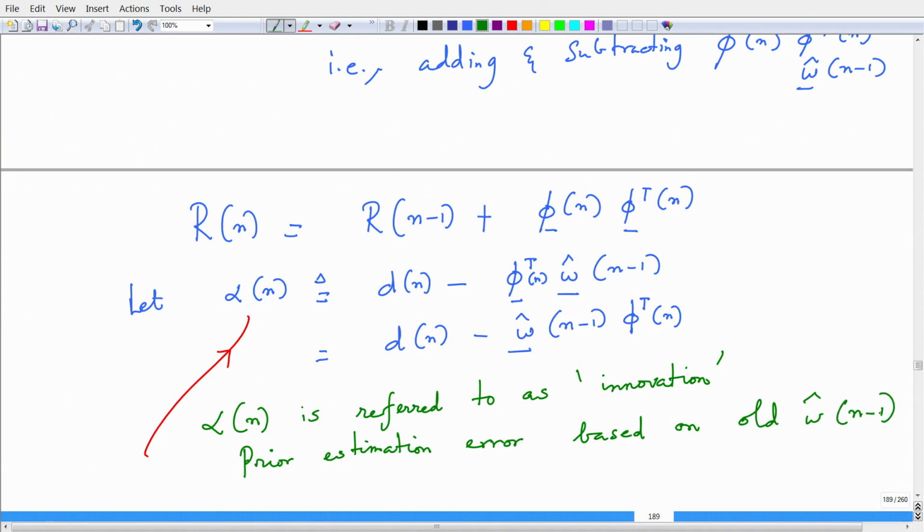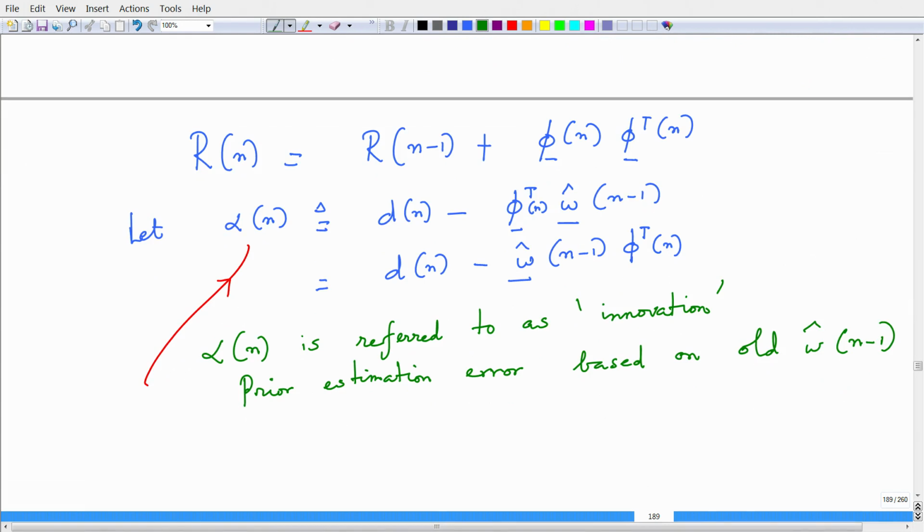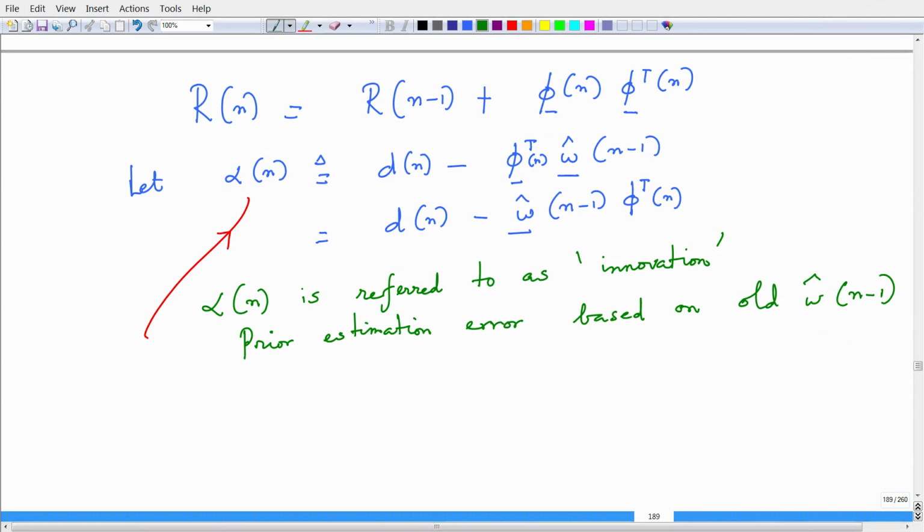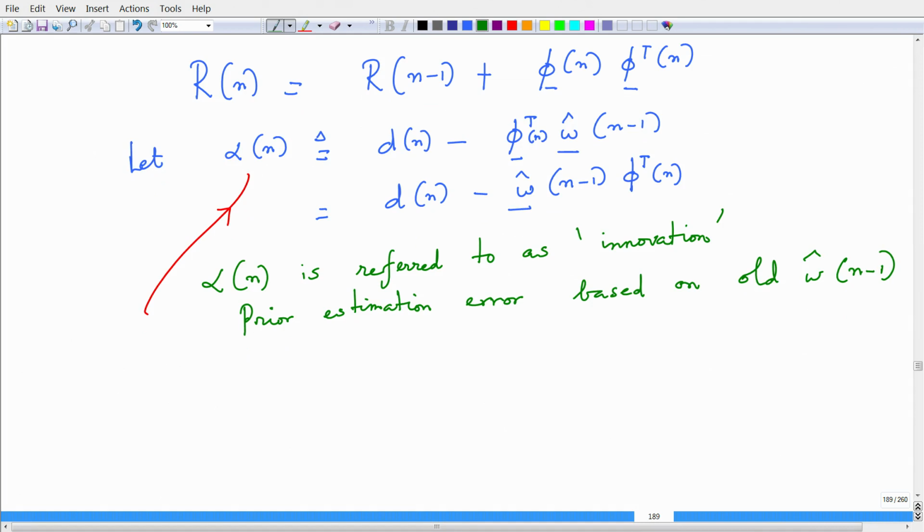Given the current response d n and what we have with phi n, using the prior estimate of w hat we compute this term. That is why it is called innovation, because this is over the prior estimate of w hat.